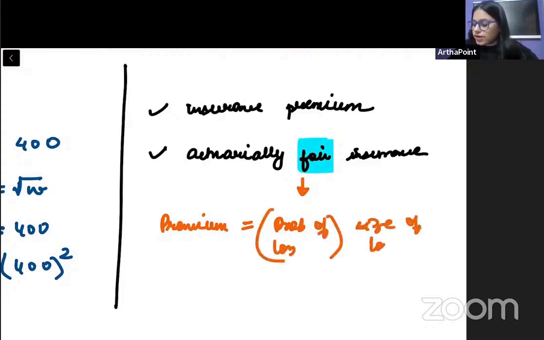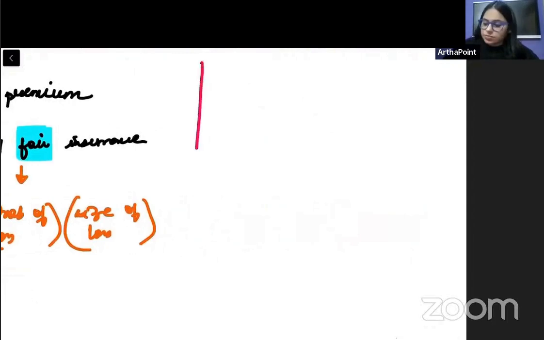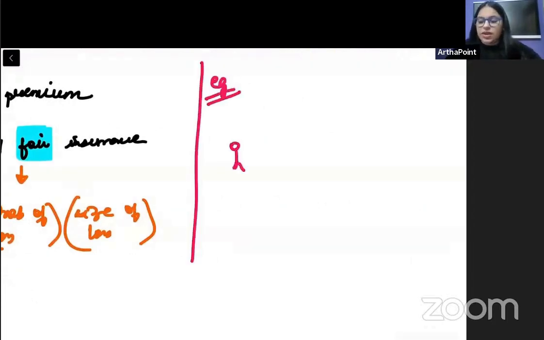This is the formula for actuarially fair insurance. So for example, if I tell you that there is this person and he can get a heart attack 10% of the time. If he gets a heart attack, he will not be able to work and he will lose 50,000 wealth.